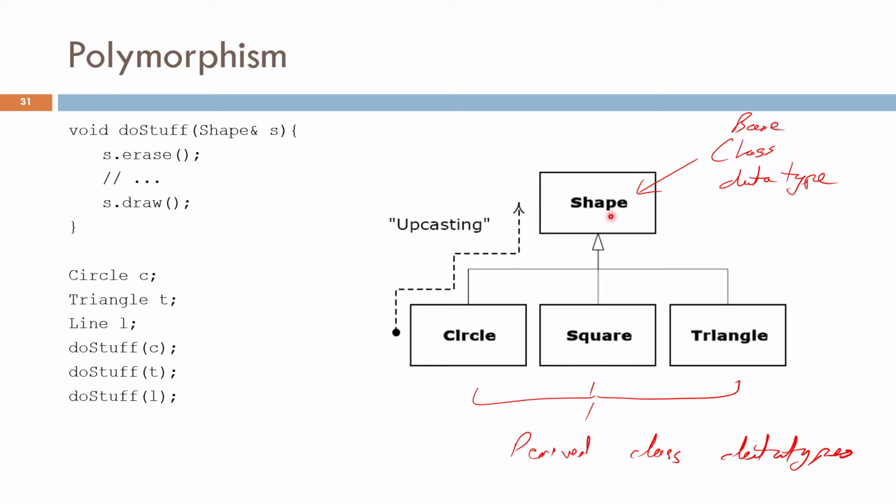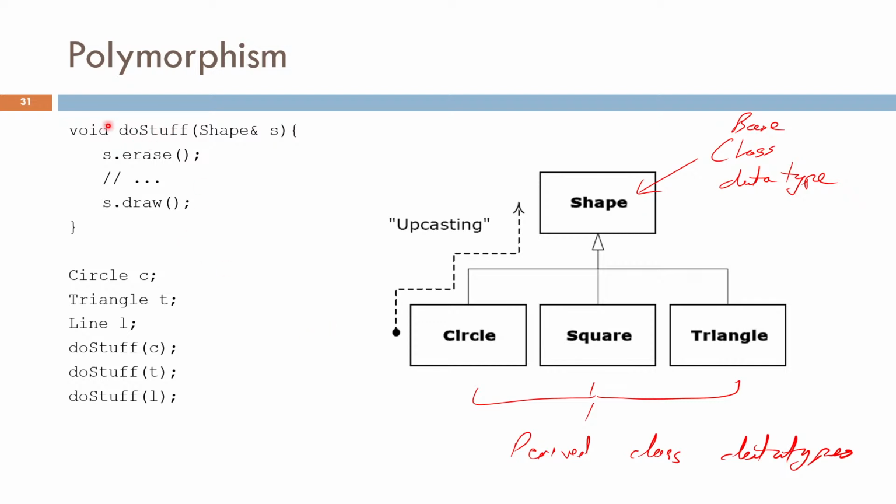Because circle, square, and triangle are basically a shape, that is-a relationship means we can use any object of circle, square, and triangle for our shape functions accordingly. Yep, it happens inside the shape class.